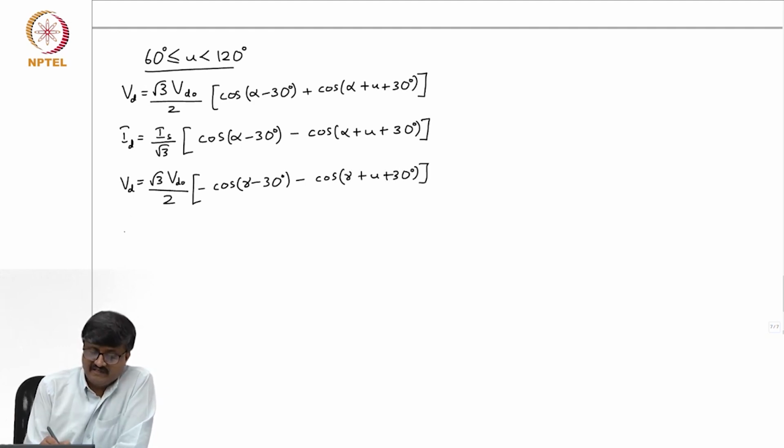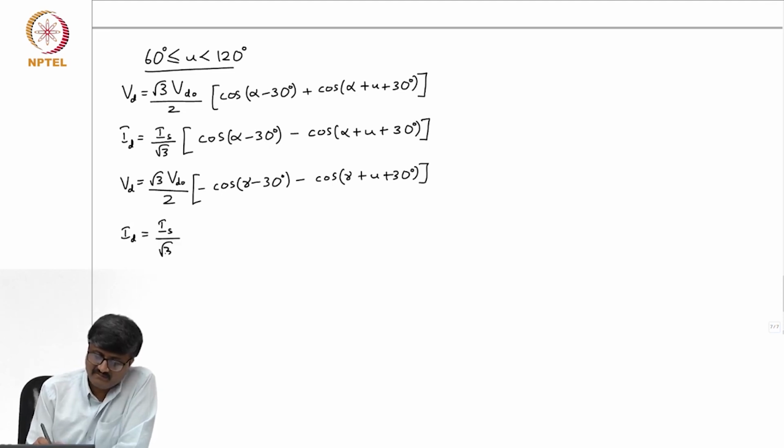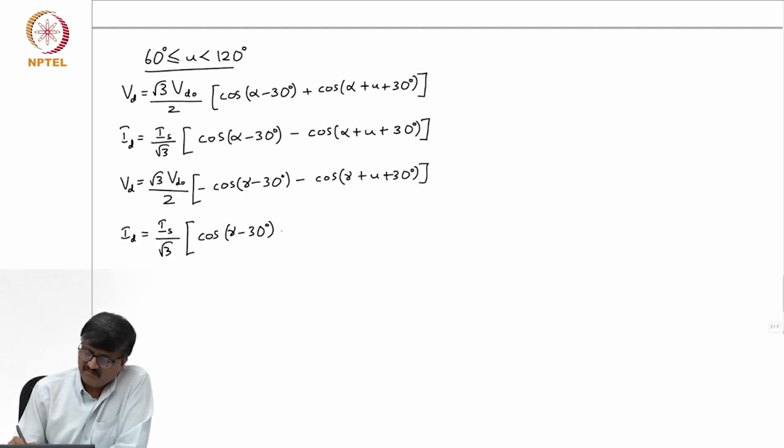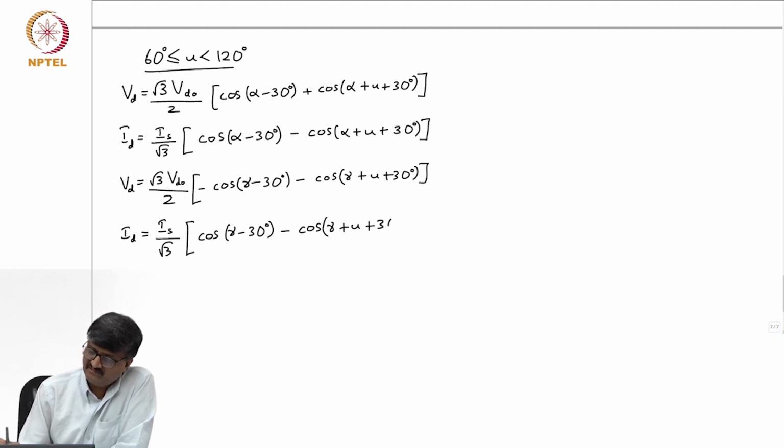And the relation between ID, IS, gamma and u for 3 and 4 valve conduction mode, or of course even 3 valve conduction mode, is ID equal to IS by root 3 cos gamma minus 30 degrees minus cos gamma plus u plus 30 degrees.